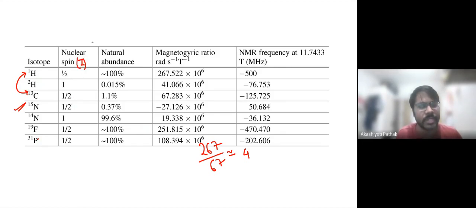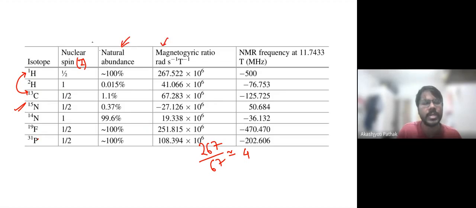Those nuclei which have an even mass number will have integer values like 1, 2, 3. Here also you can see the values. 14N and 2H are both having even mass number, so as a result, they have integer values. These are the natural abundances.